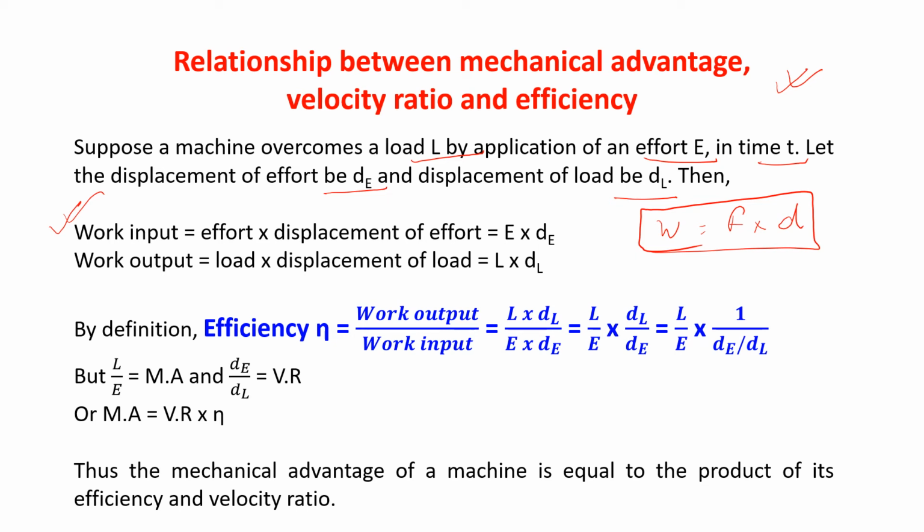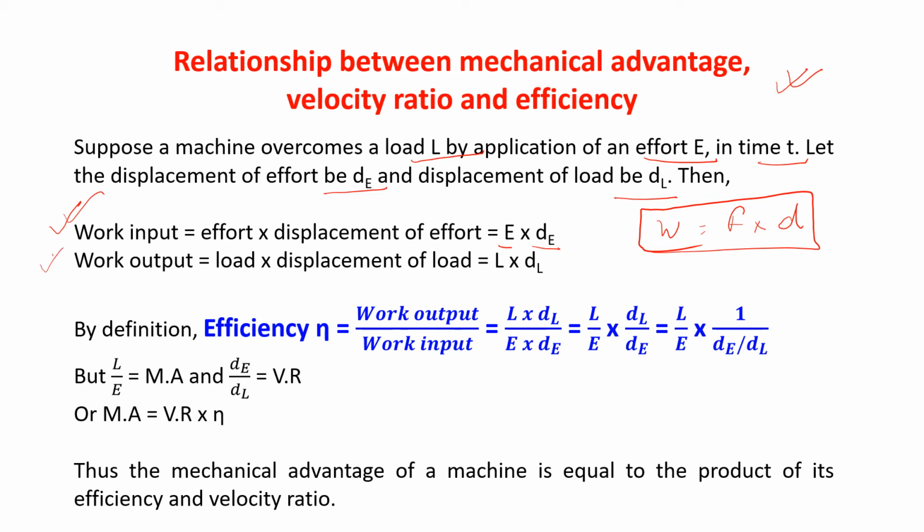Please remember that input means it is given to the machine, and on the machine, effort is given. So effort into displacement of the effort, that is input. That is E into dE.